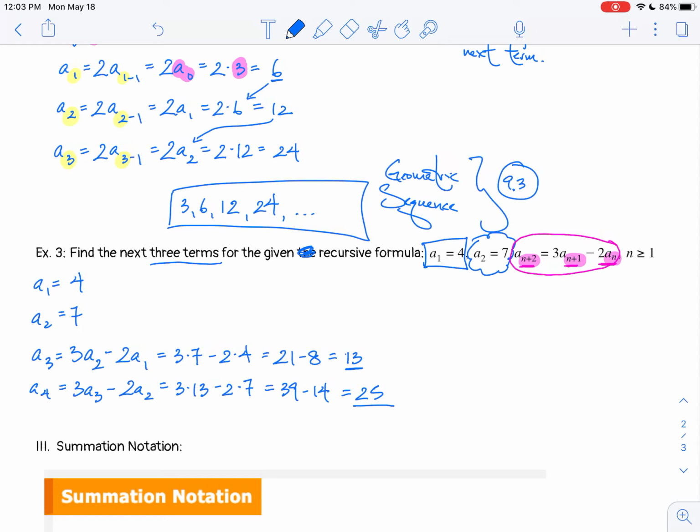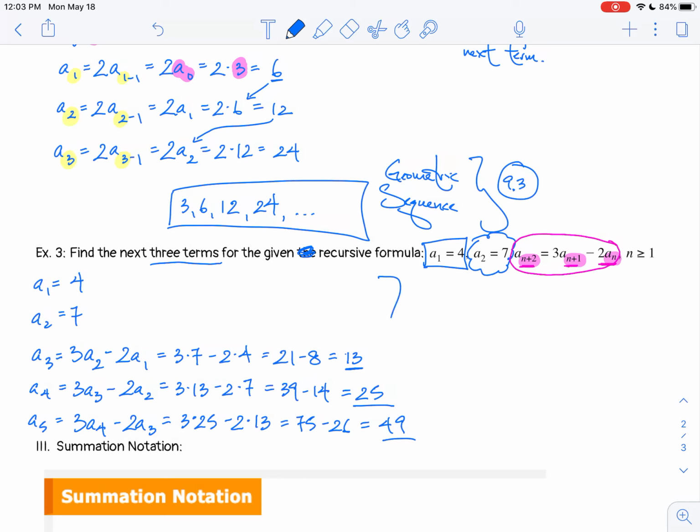We have one more term to find. A sub 5 equals 3 a sub 4 minus 2 a sub 3. So I get 3 times 25 minus 2 times 13. That gives me 75 minus 26, and that gives me 49.